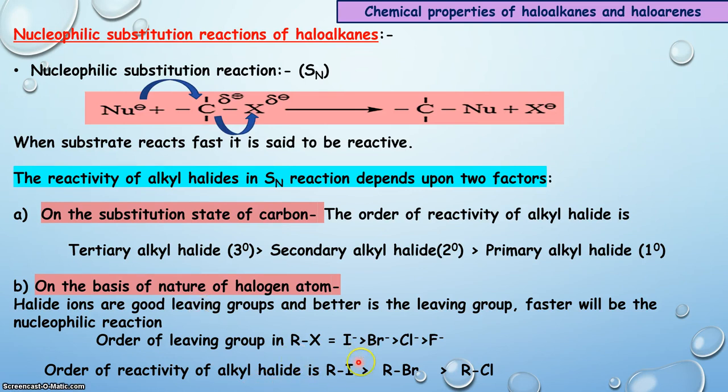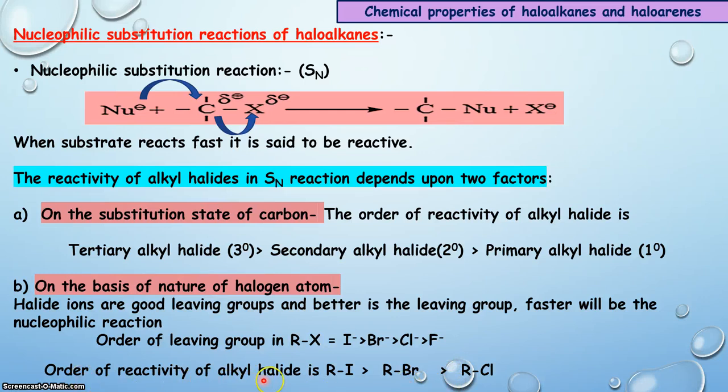In this, iodine is the best leaving group, therefore alkyl iodide undergoes nucleophilic substitution reaction at a faster rate, while fluorine is the poorest leaving group and the reactivity of alkyl fluoride is less.